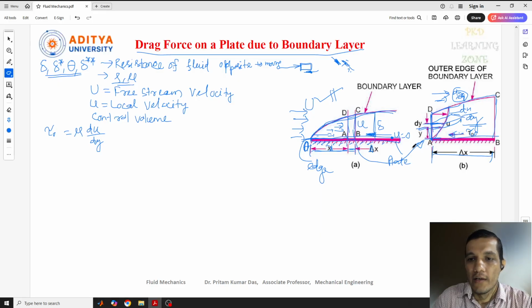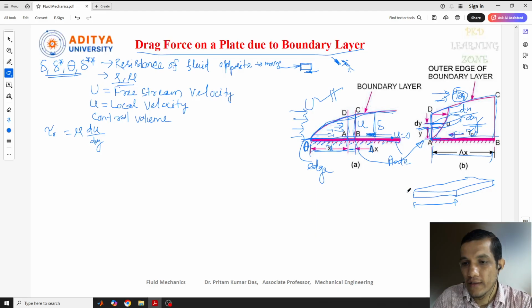When you are talking about any kind of elemental strip or plate, the plate will be situated like this, suppose. This will be its length, this will be its thickness, and this will be its width.